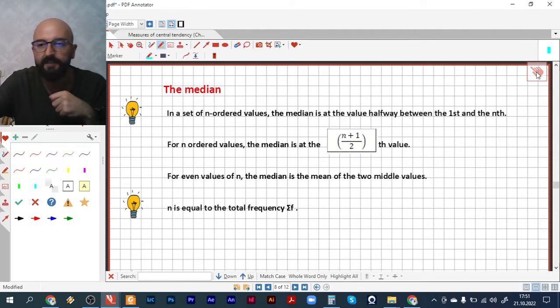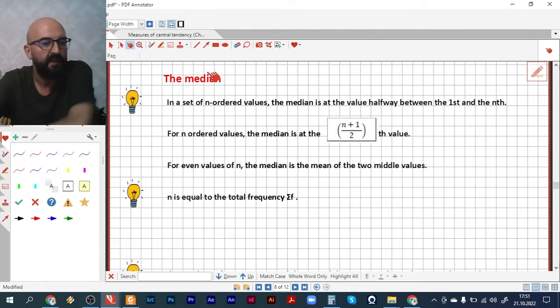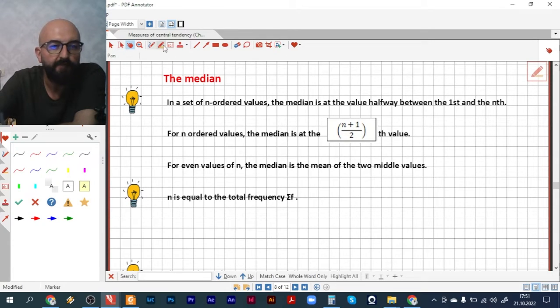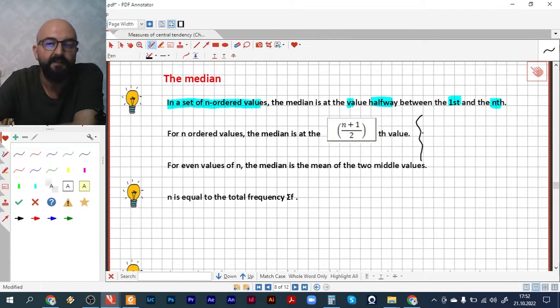Okay, now the other section is the median. As you remember, the median in a set of n ordered values is the value halfway between the first and nth values. For example, if you have ungrouped data and your data are 2, 2, 3, 4, 5, 5, 6.